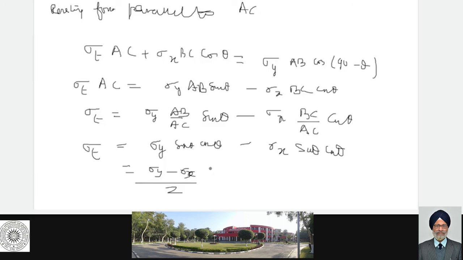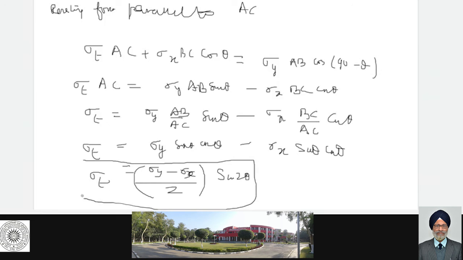So 2 sin theta into cos theta is how much? 2 sin theta cos theta is equal to sin 2 theta. So this is a tangential component you can find out. This is also a very important equation number 2. Okay.